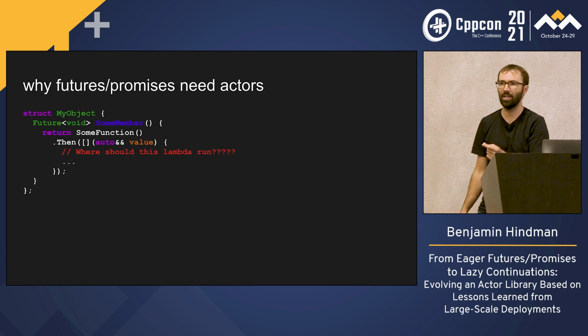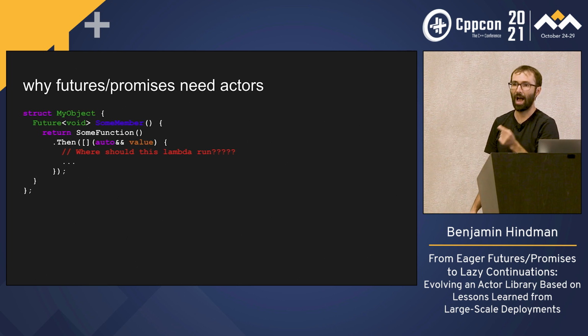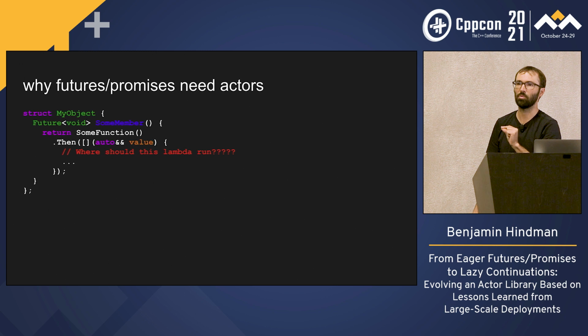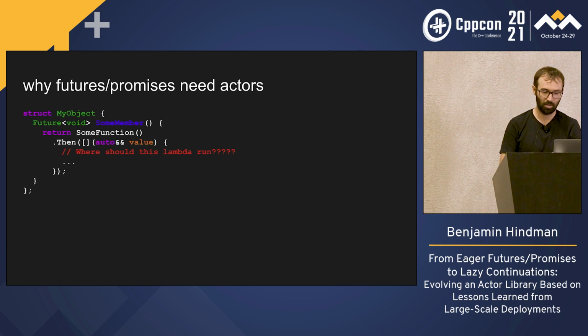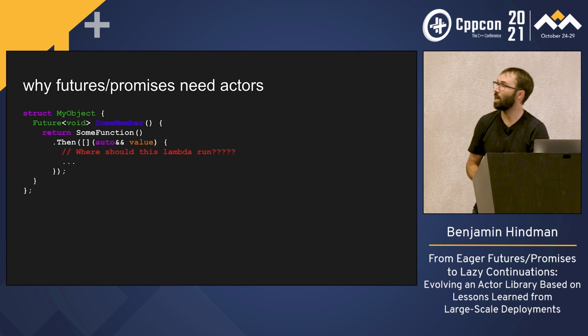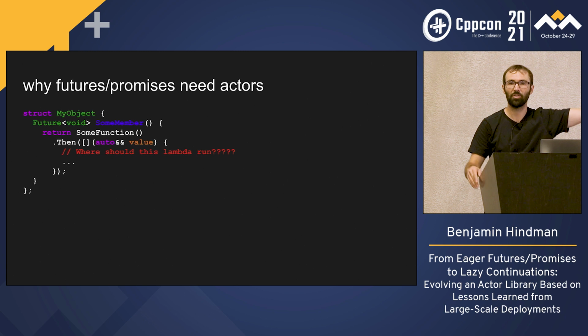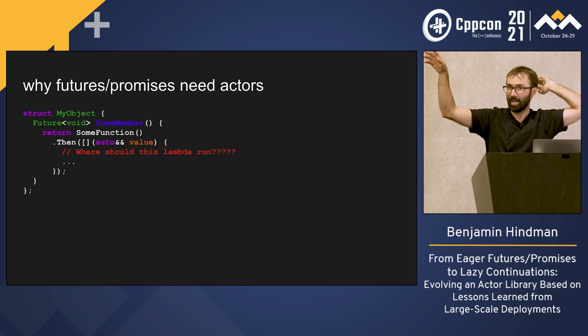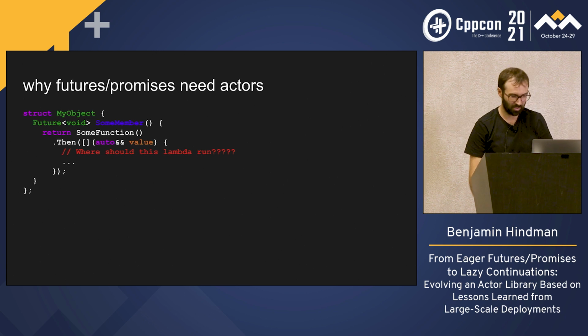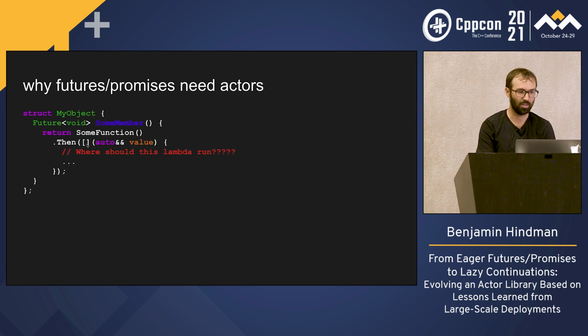We have to ask a fundamental question about the semantics of then, with respect to where the lambda that you attach in a then should get executed. Again, some function could be some call to who knows where. There's some promise out there that when it gets set, satisfies it so that you can go ahead and execute this lambda.